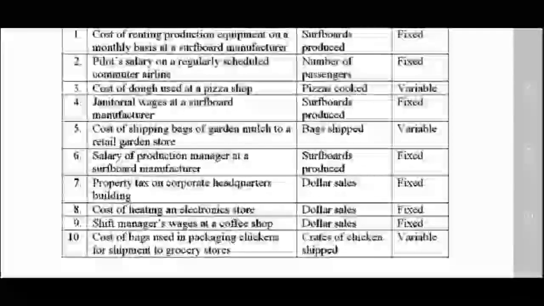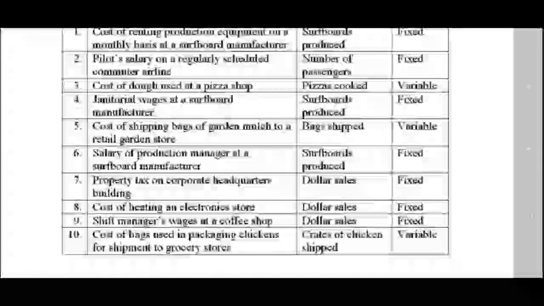And then number 6, salary of production manager at a surfboard manufacturer. Most of the time, the salary of the manager is fixed. No matter how many units of production, the salary of the manager is fixed. But if the worker is a factory worker, then the cost is a variable cost. For a factory worker, the higher the production units, the more work they have to do, and the more the company has to pay.